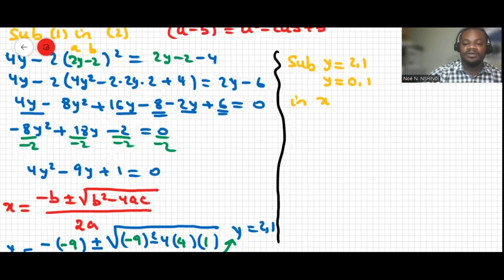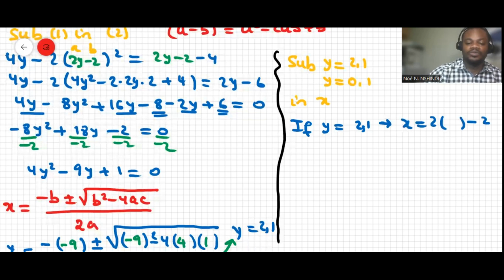So if y equal to 2.1, x will be equal to 2 times 2.1 minus 2, and then x will be equal to 4.2 minus 2, which is 2.2.